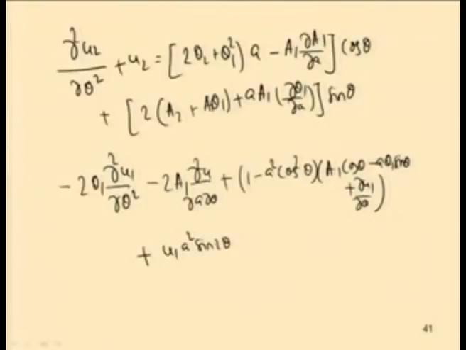From this we can obtain, by eliminating the secular term, a 1 equal to half a (1 minus 1 by 4 a square) and theta 1 equal to 0.